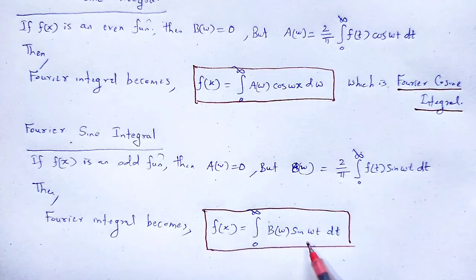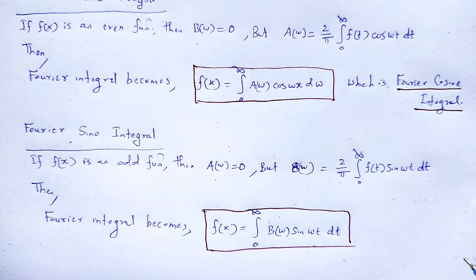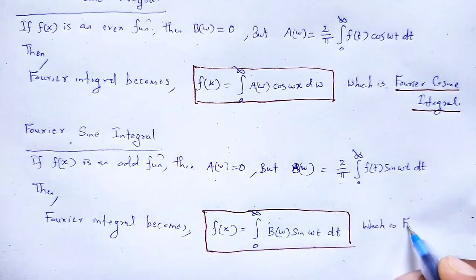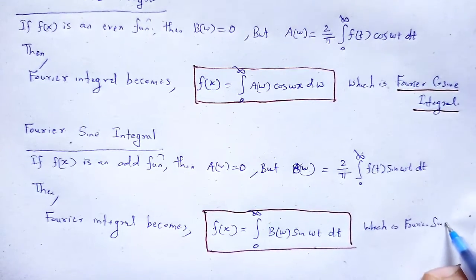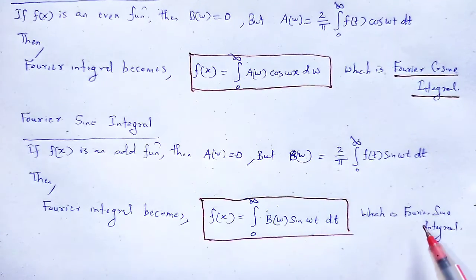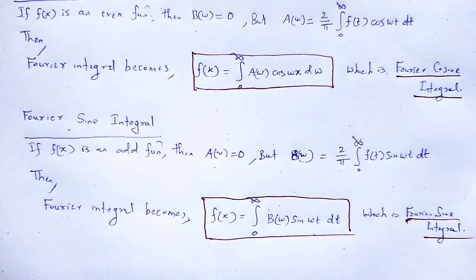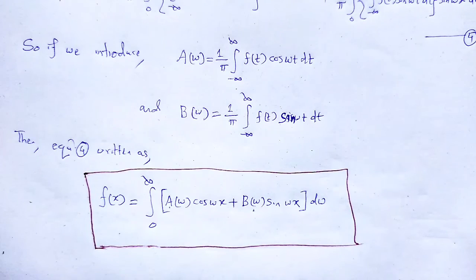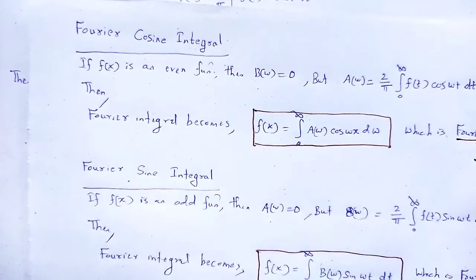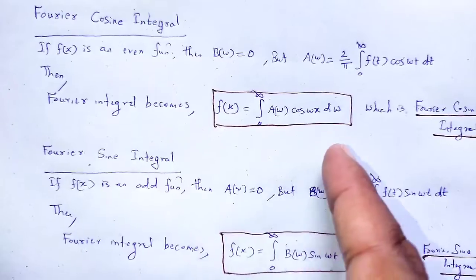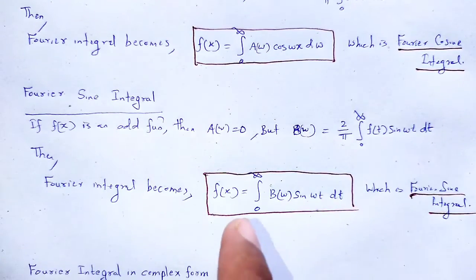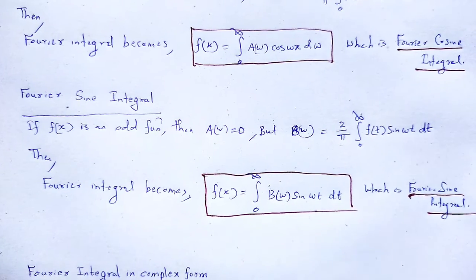This is the contribution due to the sine function, which is known as the Fourier sine integral. From the Fourier integral of a given function, we say if that function is even, then it is the Fourier cosine integral, and if that function is odd, then it is the Fourier sine integral.